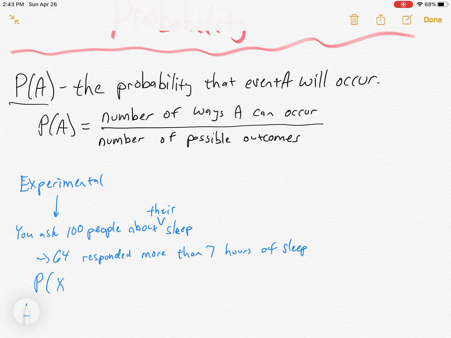It's pretty good. So of course 36 got less than or equal to 7 hours.